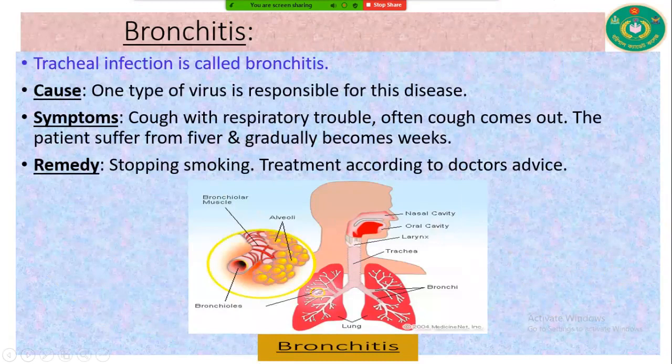The patient suffers from fever and gradually becomes weak. Remedy. Stop smoking, and take treatment according to the doctor's advice.